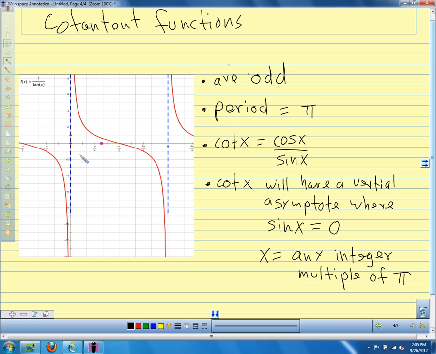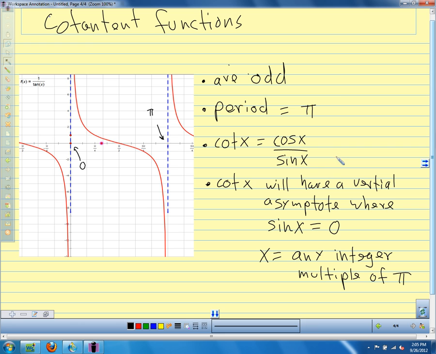So on this particular graph, this is 0, and this x value is pi. So my graph goes between 0 and pi in this example. And my next asymptote would be at 2 pi, the next one after that 3 pi, any multiple of pi.